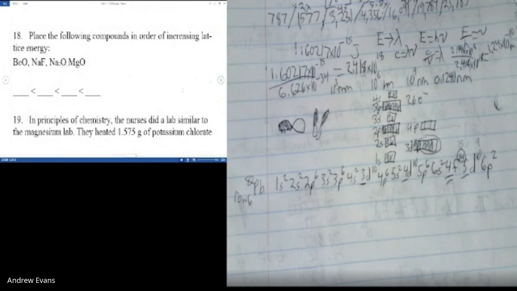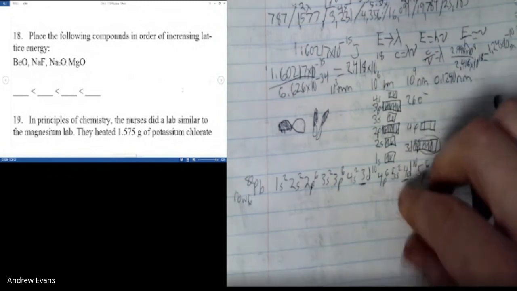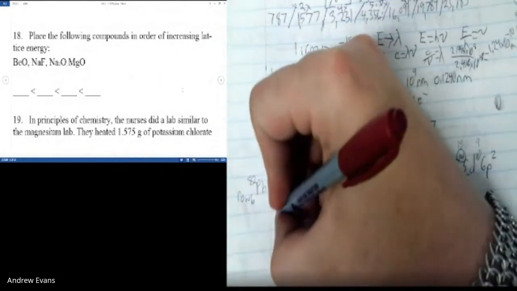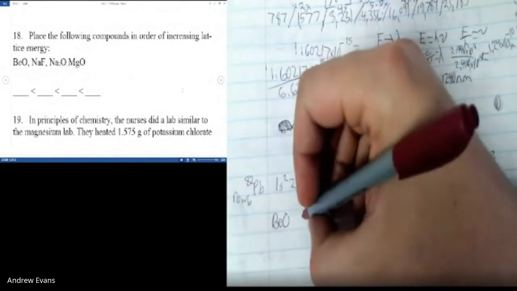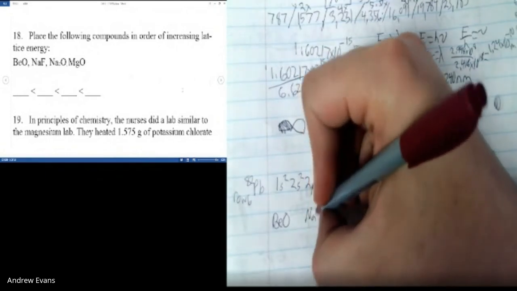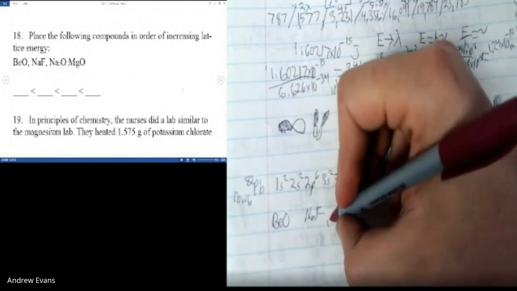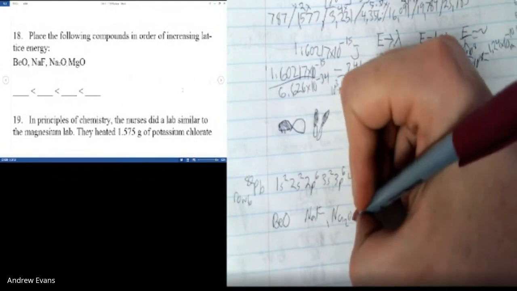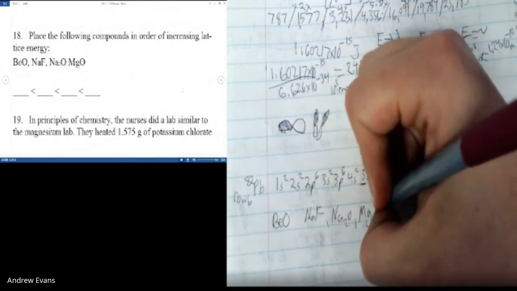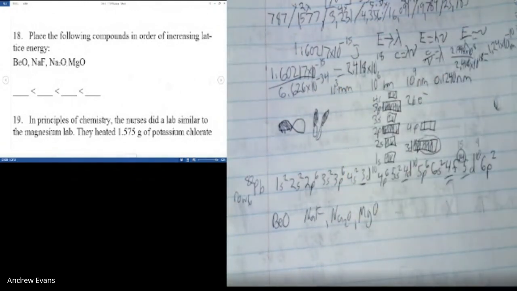Last few. Place the following compounds in order of increasing lattice energy. Yeah, we haven't covered this, but we will. BeO, NaF, Na2O, and MgO. So the concept here is rather simple.